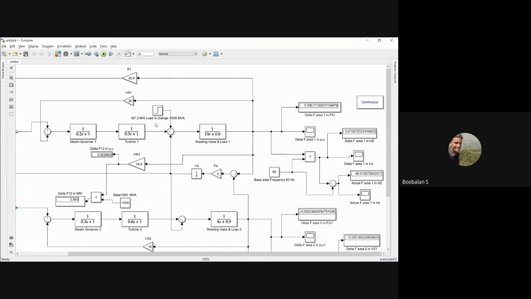Anyone just tell me. Apart from the syllabus, I'm just asking, it's a small thing, right? If a load change is going to occur on my area number 2, what can we do? How do we describe it?